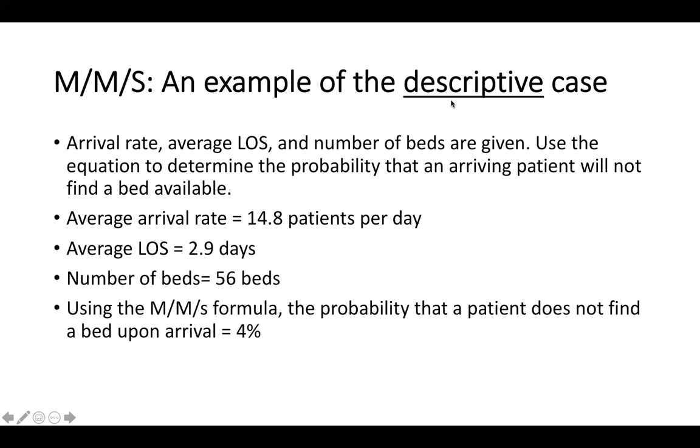When we use an analytical tool as a descriptive tool, that tool is going to just help us to get a better understanding of what is going on in the system. If you are familiar with regression analysis and statistics, regression is a descriptive tool.